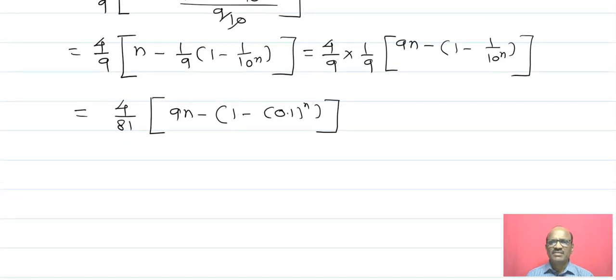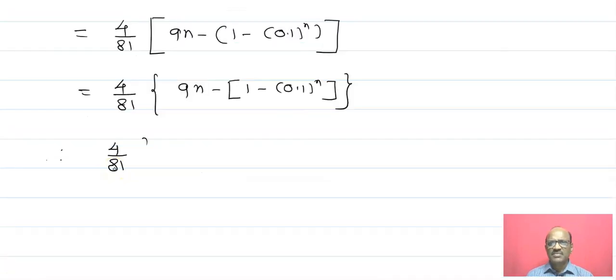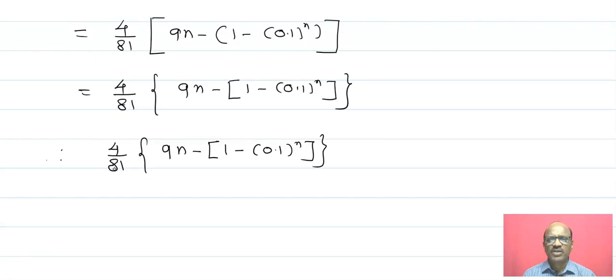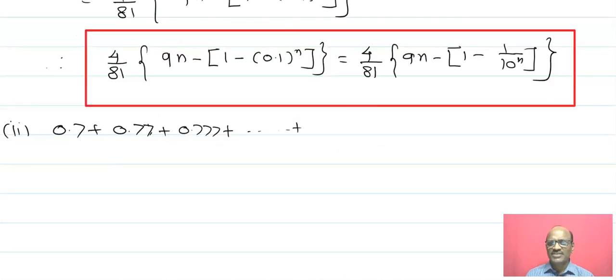Or you may write in any manner, that is 4 upon 81 in curly bracket 9n minus in square bracket 1 minus 0.1 bracket raised to n, bracket complete. That is equal to 4 upon 81, 9n minus in normal bracket 1 minus 0.1 (that is, 1 upon 10) raised to n, bracket complete.